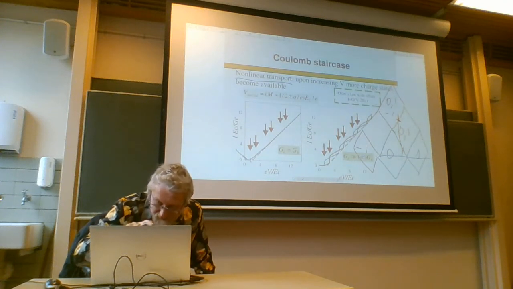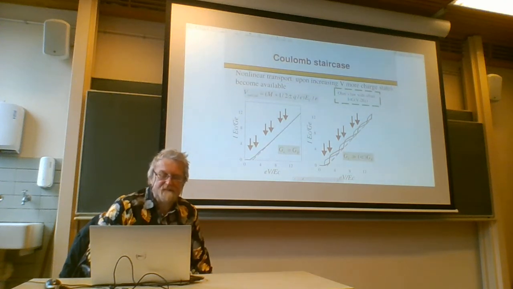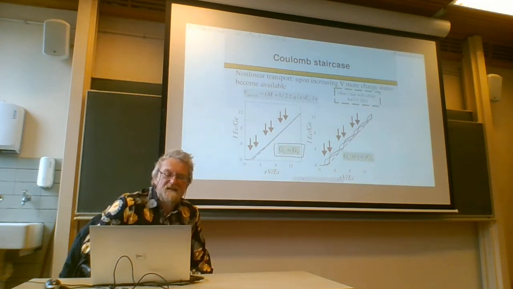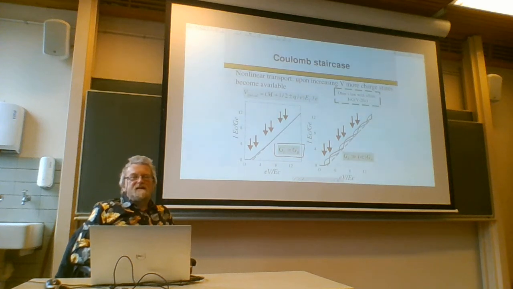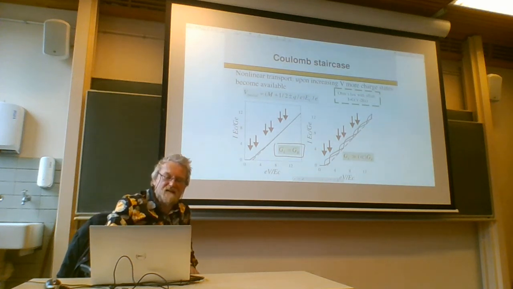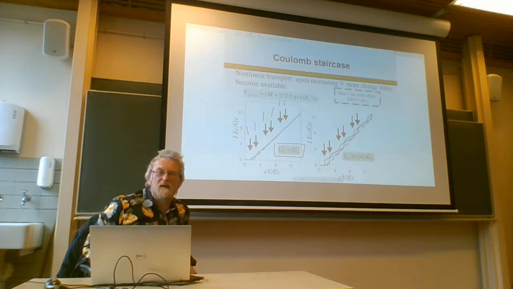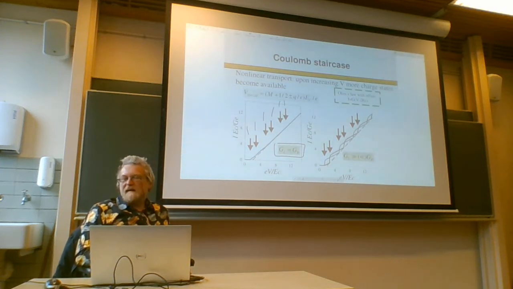Practice might be somehow different. If the conductances are the same, these cusps are present at periodical values of voltage, but you can hardly see them. So the visibility is very small for junctions of comparable conductance.